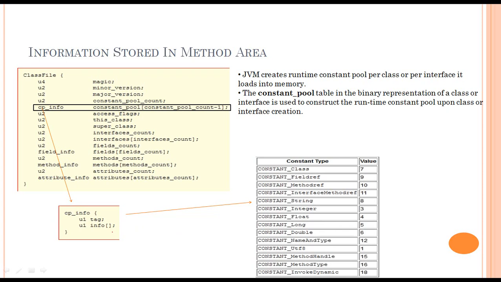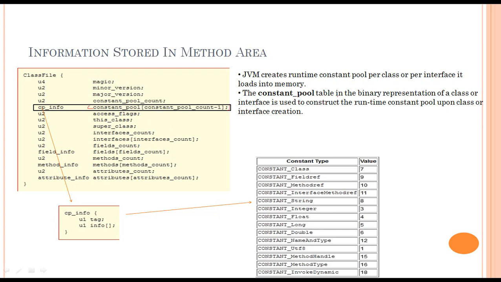Whenever a dot class file gets loaded into memory, the JVM creates a runtime constant pool. This runtime constant pool is part of the method area of the runtime data areas. The runtime constant pool for every class is generated from the constant pool field of the class file.